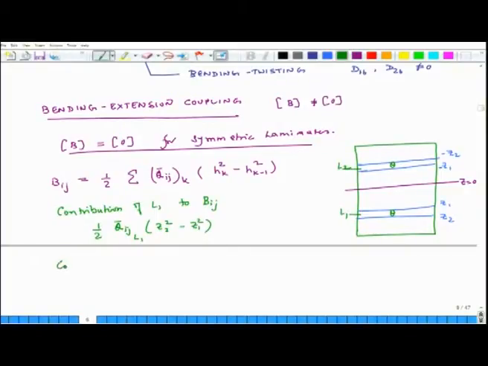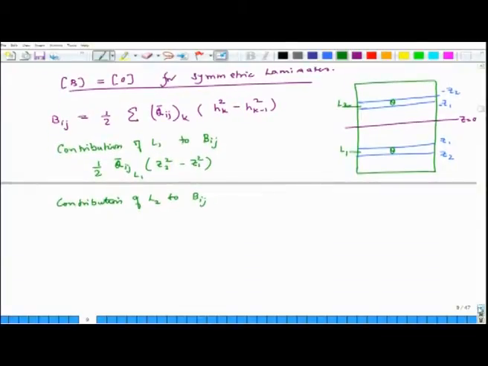And the contribution of L2 to Bij. No, this is for L1, so it is Z2 minus Z1. So, contribution of L2 to Bij, what will it be?